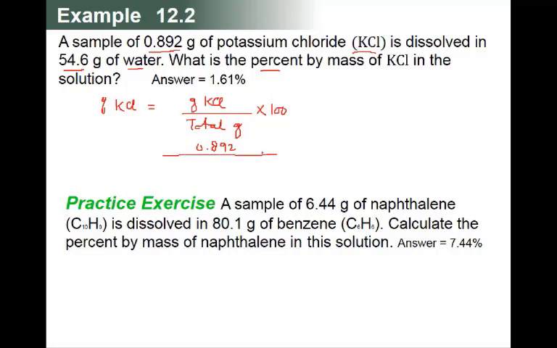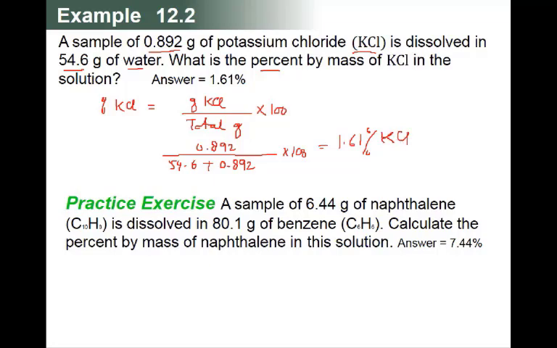Total gram will be 54.6 plus 0.892, multiplied by 100, and that will give you the answer. Your answer is 1.61 percent of potassium chloride KCl.